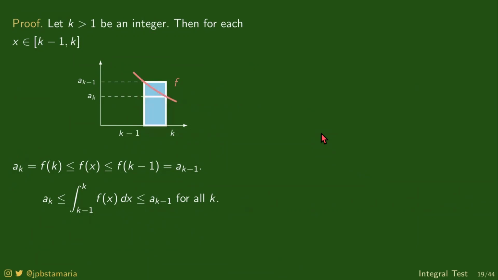So, yung area ng mas maliit na rectangle is a sub k. Yung area ng matangkad na rectangle, that's a sub k minus 1. Kaya yung area under the curve is squeezed between the area of the shorter rectangle and the area of the bigger rectangle. Nasusundan nyo yung picture at saka ito? Kung paano ini-interpret to in pictures? Nasundan nyo?